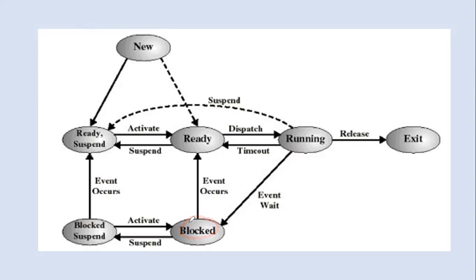And if the main memory is not adequate to accommodate more blocked processes, those blocked processes will be suspended, and then they'll be put in what we call the blocked suspend state, which normally takes place outside the main memory in a storage medium.